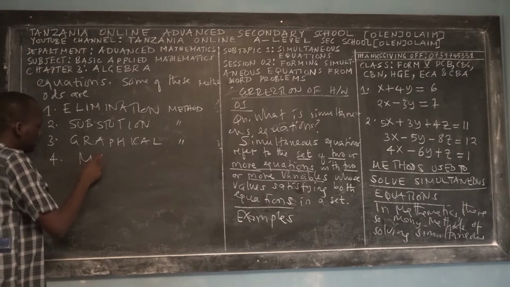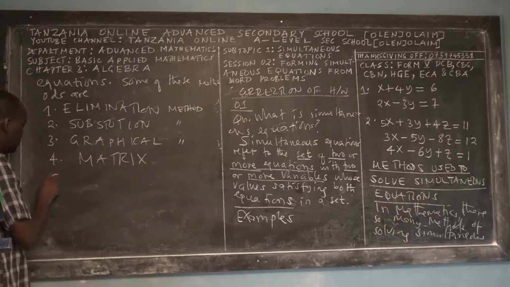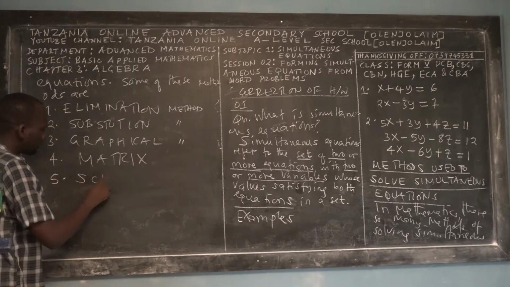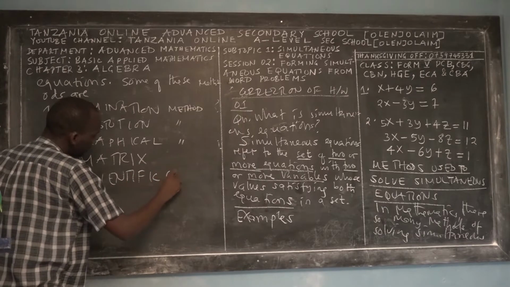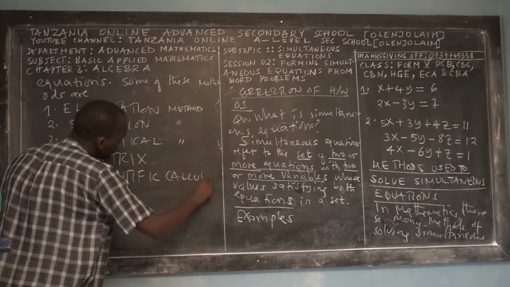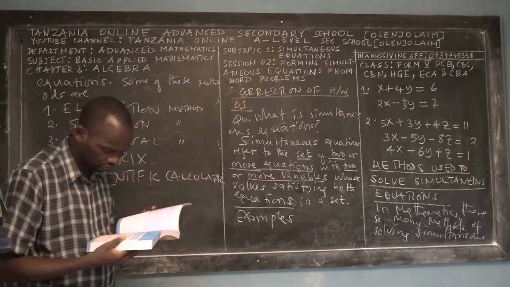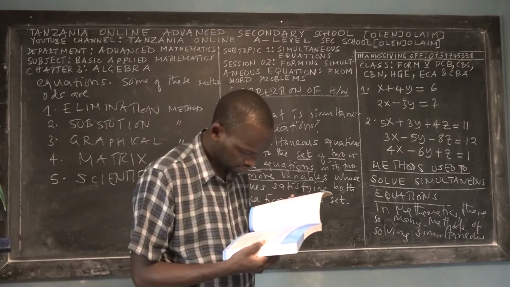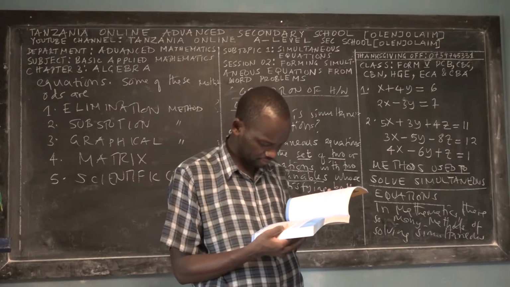The fourth one is matrix. And the fifth one is by using a scientific calculator. The scientific calculator, as I told you, is one of the weapons. So we have the elimination method, graphical method.